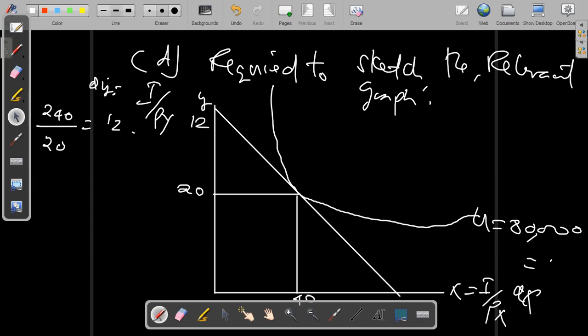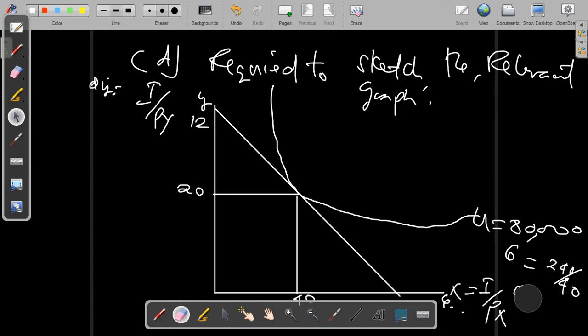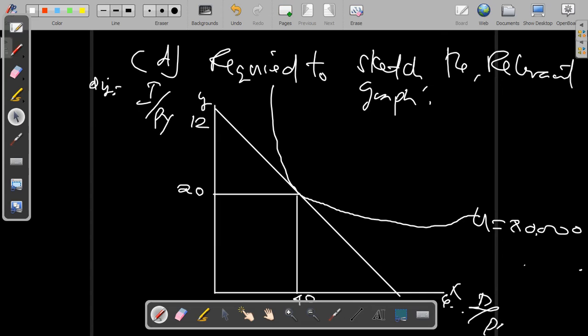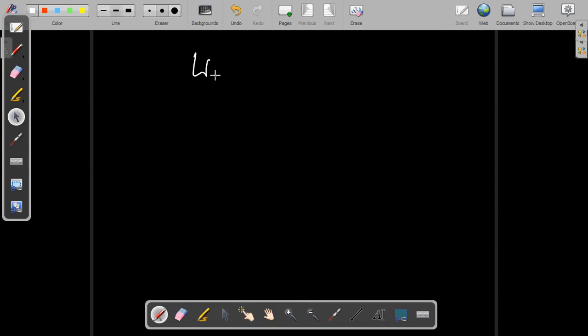Then take also the total income, that is 240, divided by the price of x, that is 40. You'll exactly obtain 6. So we shade in the upper part of maximization at that level over there, as you observe. So this is the I over px. So we graph out, we shade out that part, as you see. So this is how we sketch the relevant curve.